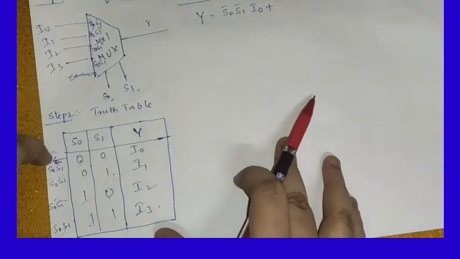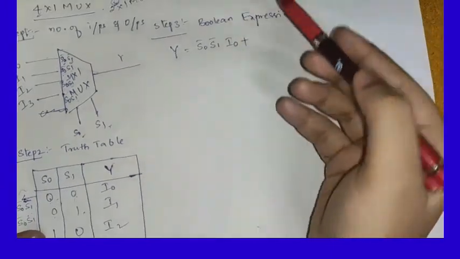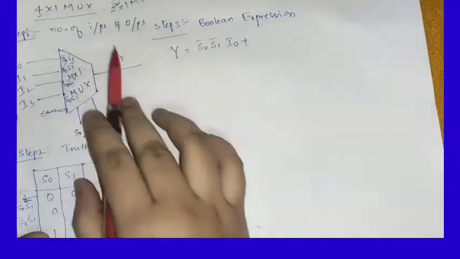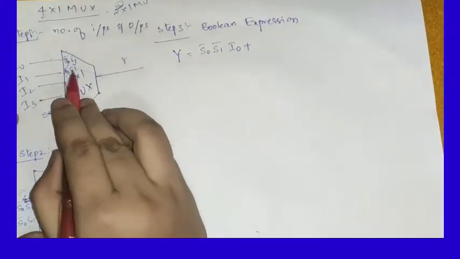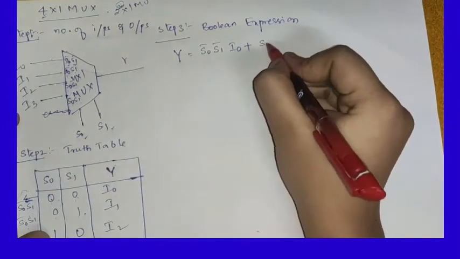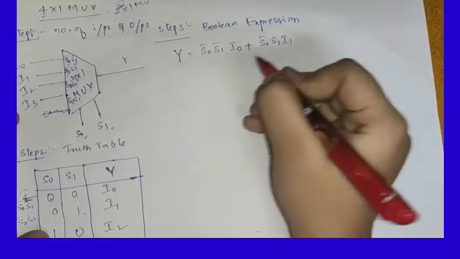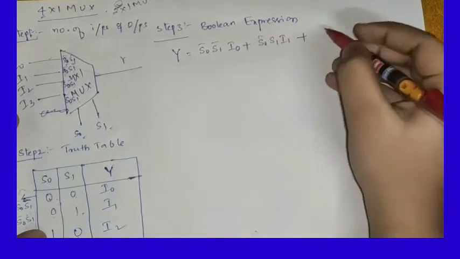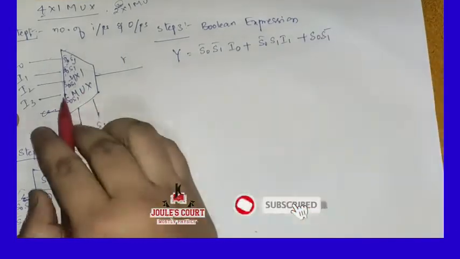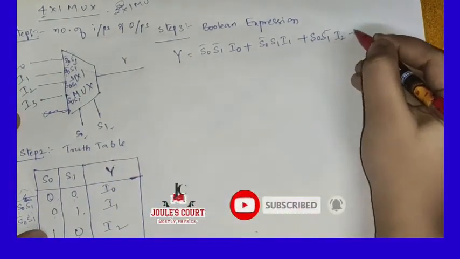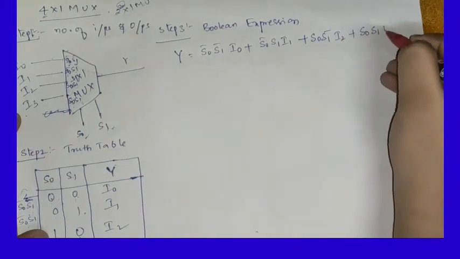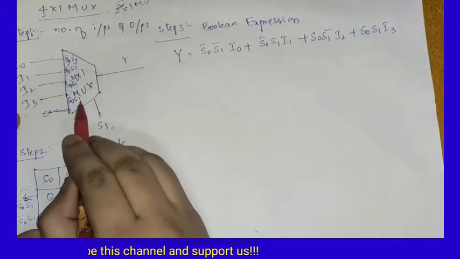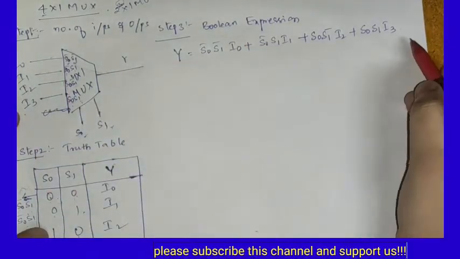We are writing the Boolean expression from the block diagram itself: S0 bar S1 bar I0 plus S0 bar S1 I1 plus S0 S1 bar I2 plus S0 S1 I3. So in this way we obtain the Boolean expression.